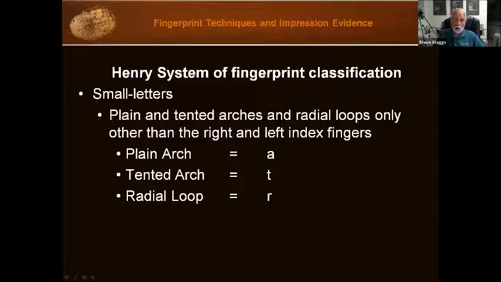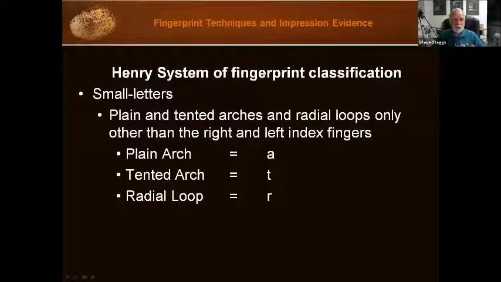There really are more parts that we're not covering, but what this part is called is the small letters. These are the plain and tented arches and radial loops only. These are considered part of the secondary.